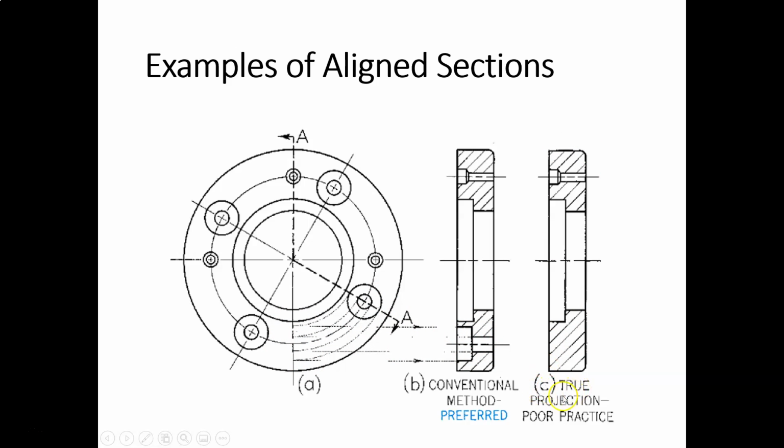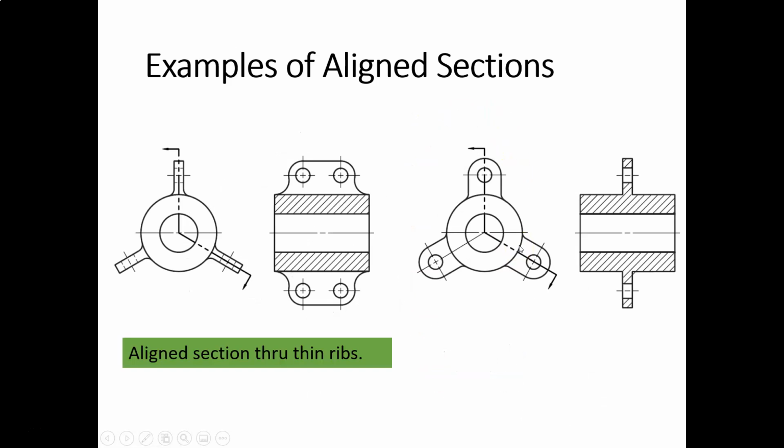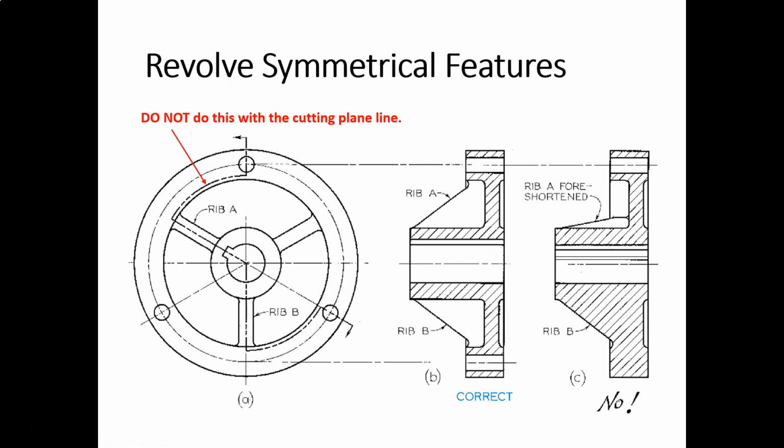This is the true projection, meaning we project exactly what we see, and that is wrong. So this is what we want to draw. All right. So I think that's it.